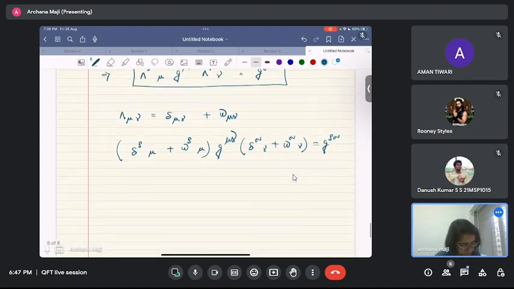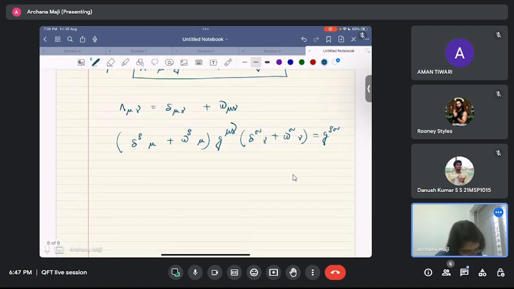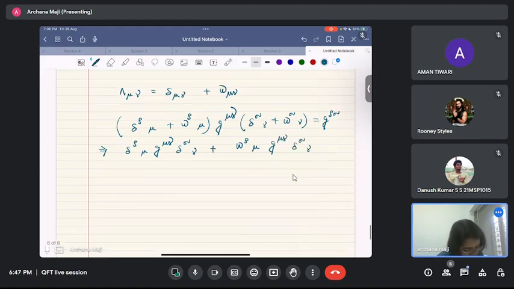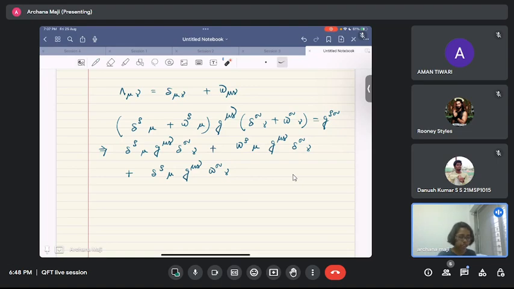So this would imply the first term, plus omega rho mu g mu nu delta sigma nu, plus delta rho mu g mu nu omega sigma nu, and the last term is basically neglected because again we are considering infinitesimal Lorentz transformation.